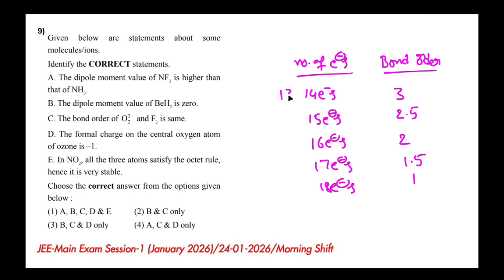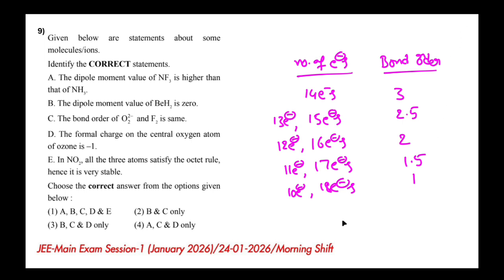Similarly, 13 electrons also bond order 2.5, 12 electrons bond order 2, 11 electrons bond order 1.5, and 10 electrons bond order 1.